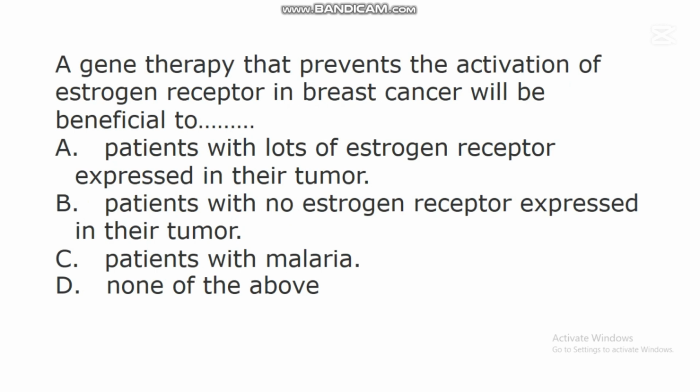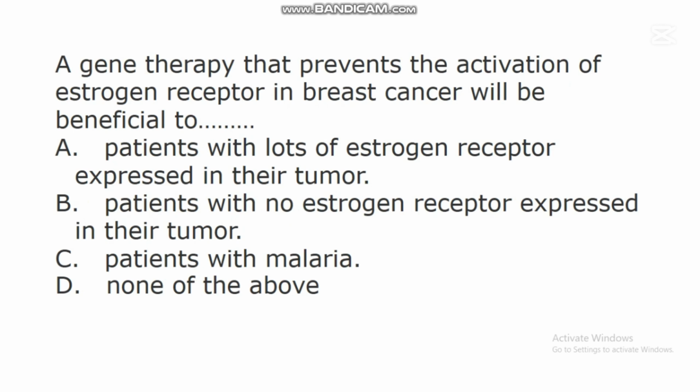The next question says, a gene therapy that prevents the activation of estrogen receptor in breast cancer will be beneficial to dash. A. Patients with lots of estrogen receptor expressed in their tumor.